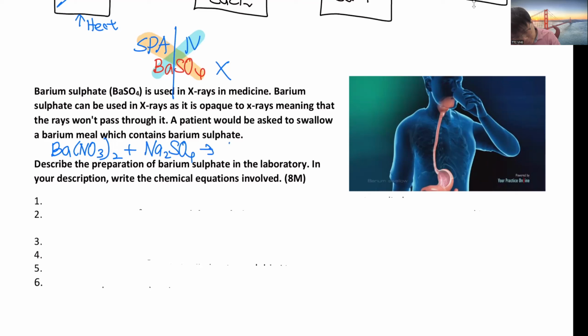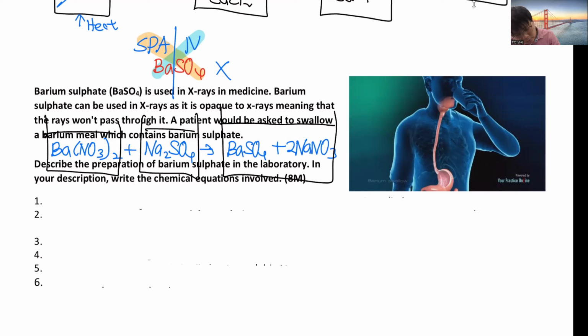Then you will get your barium sulfate plus sodium nitrate. So this is a soluble salt, this is a soluble salt, this is a soluble salt, and this is an insoluble salt.